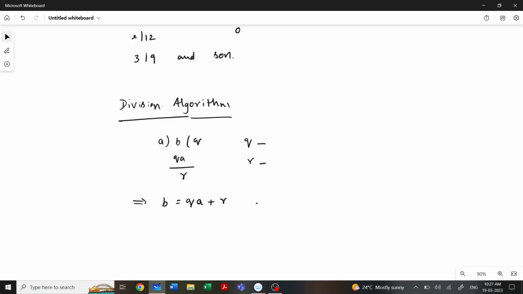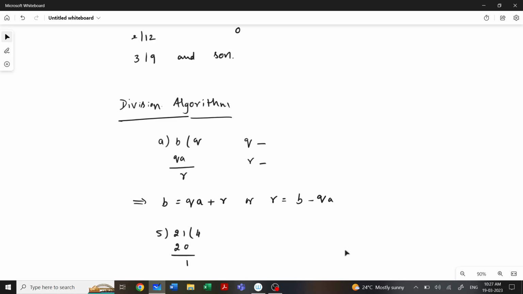So b can be written as q times a plus r. Or in another way, r can be written as b minus qa. For example, if I take 5 dividing 21: 5 fours are 20, so the remainder is 1.